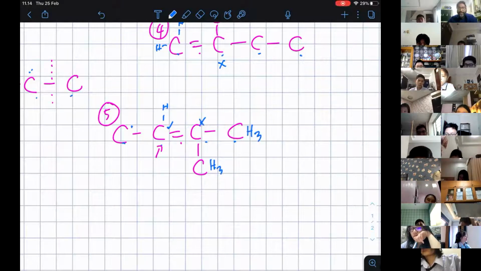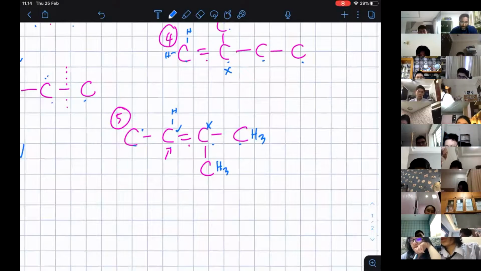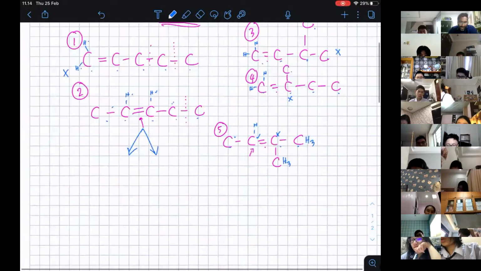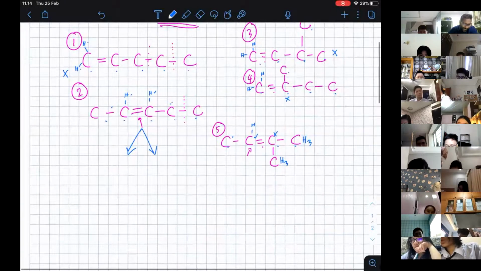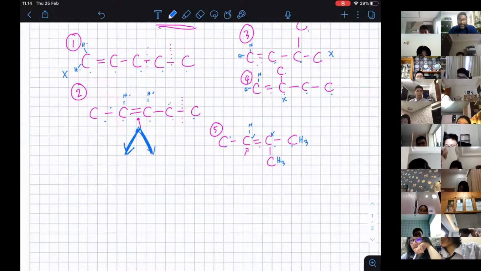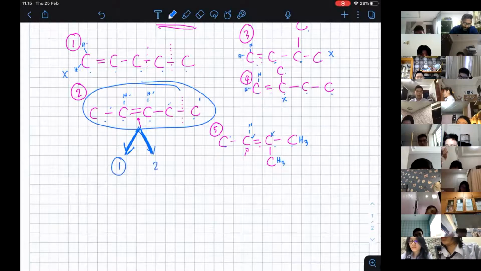Not okay. So out of these five isomers, I found isomer number 2 has two variations. Do I consider this as one of the isomers? No need anymore, because this one example can be classified into two more: cis and trans.